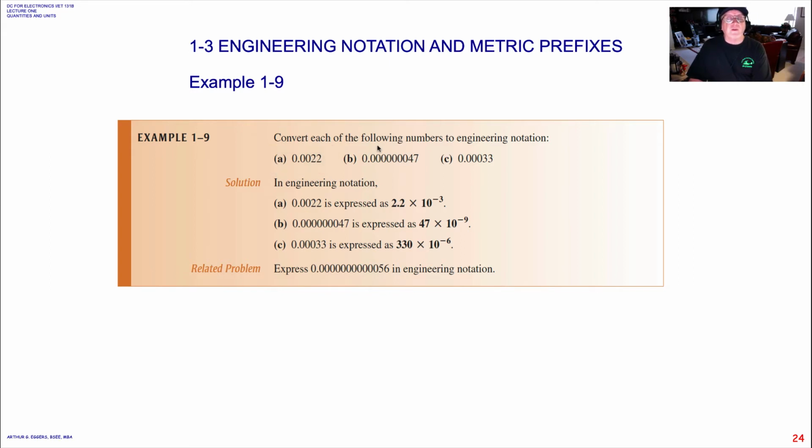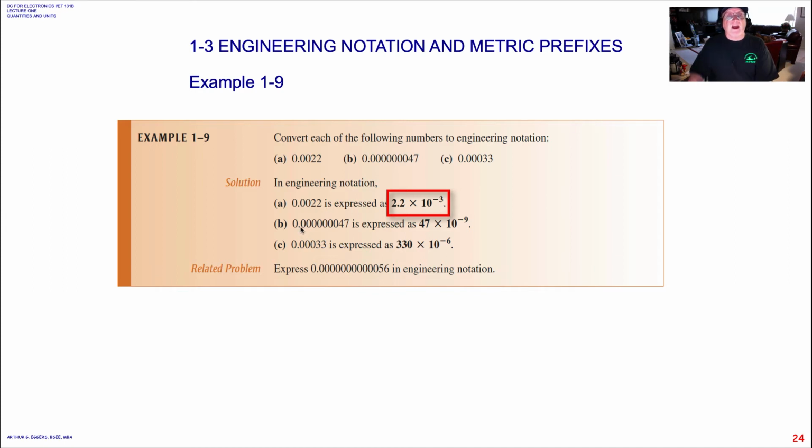So we've got 3 very small values here where we have lots of zeros after the decimal point that we need to move into engineering notation and later into metric prefixes so they become much easier to handle. So if I move the decimal point 1, 2, 3 places, I end up with 2.2 times 10 to the minus third.